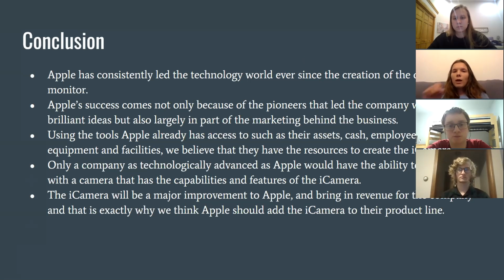The reason we're so confident that the iCamera would sell at Apple is because Apple has already earned credibility with their cameras, just because their phone cameras are a lot better than the average phone camera. We think by using their current marketing strategies and by adding a couple more marketing strategies that would be unique to the iCamera, it would be able to sell.